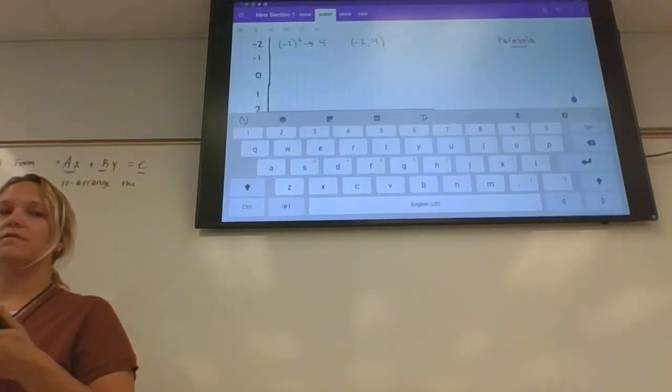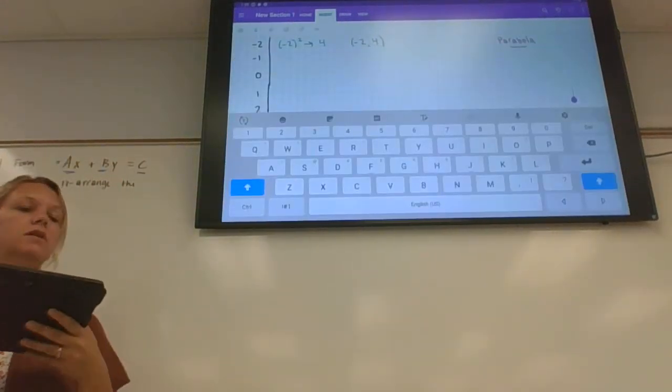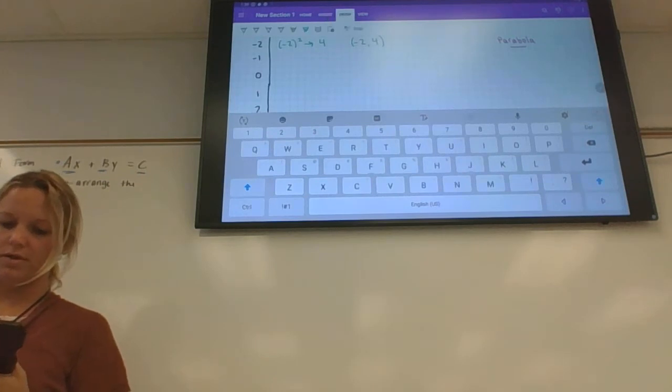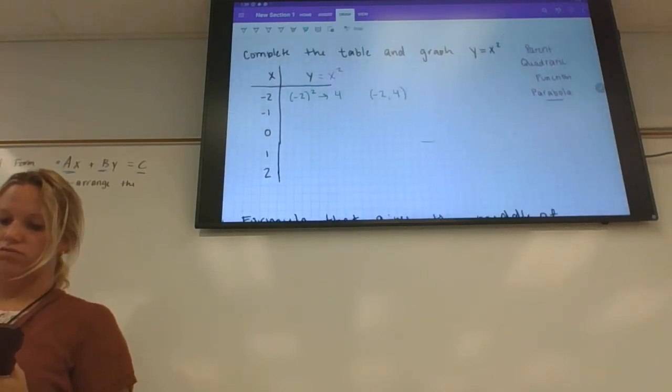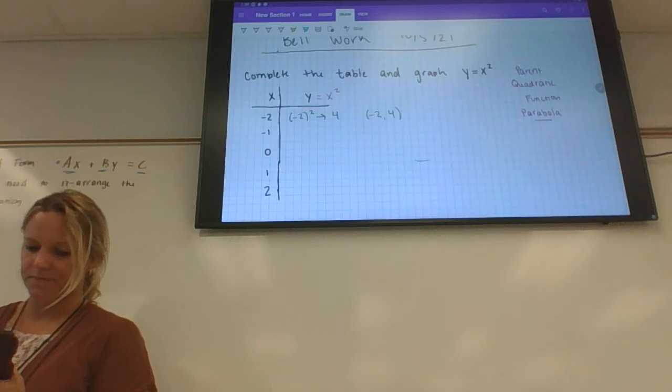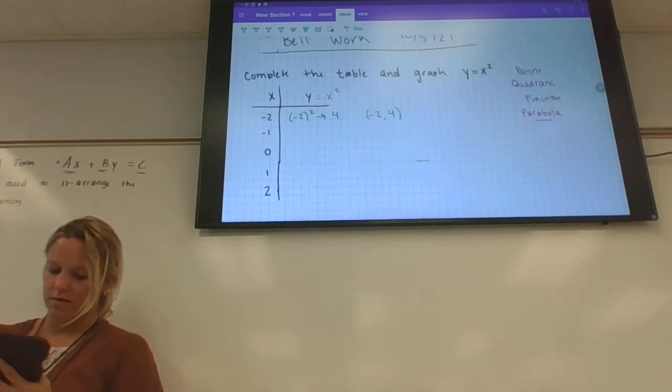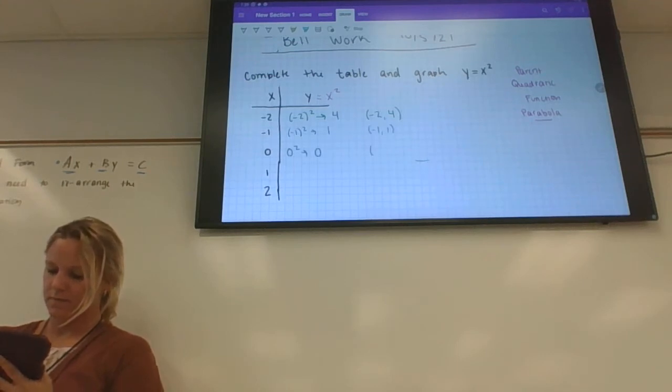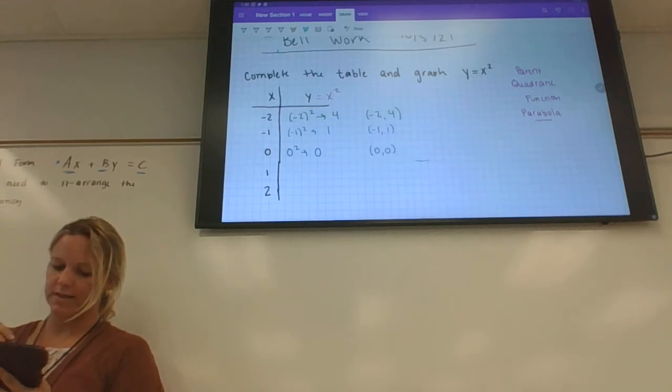Graphs we call V have a very sharp point, and these are called U-shaped. Let me get back at it. So you plug in x to find y.